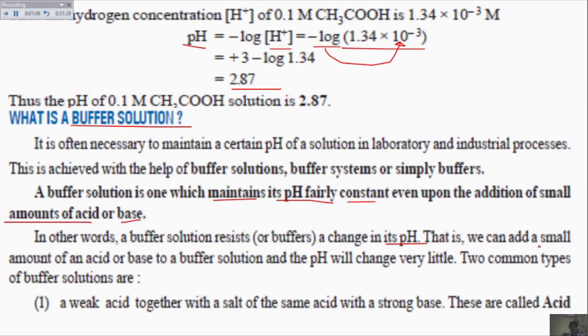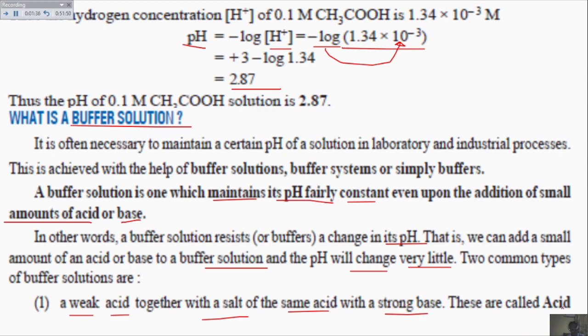That is, we can add a small amount of acid or a base to a buffer solution, and the pH will change very little. Two common types of buffer solution are a weak acid together with a salt of the same acid with a strong base.